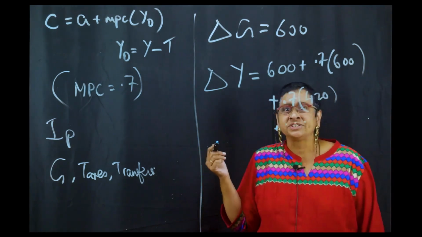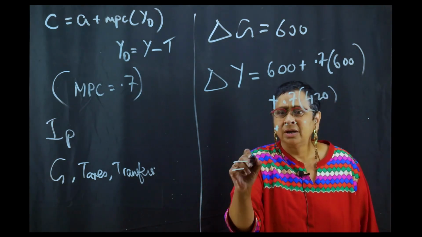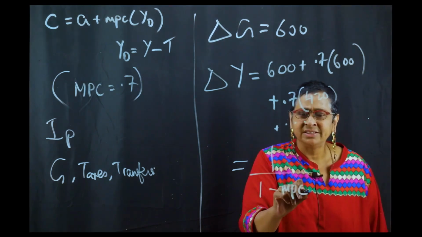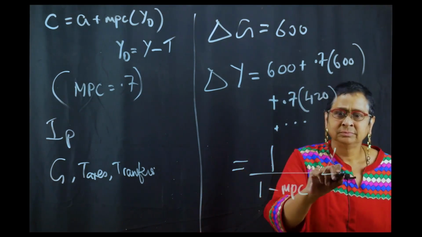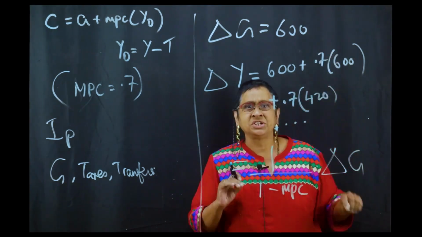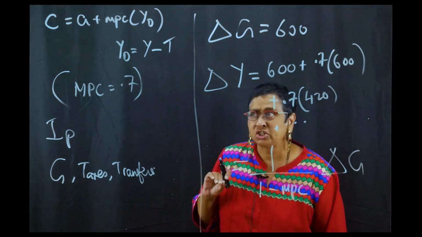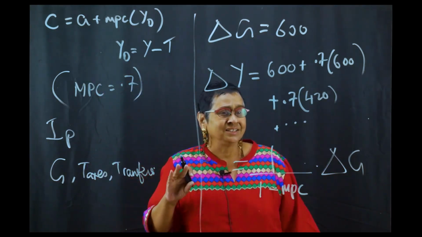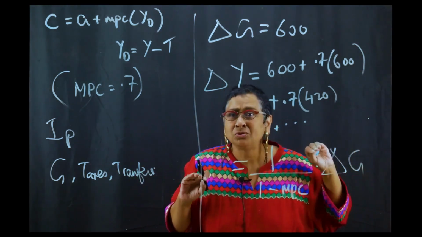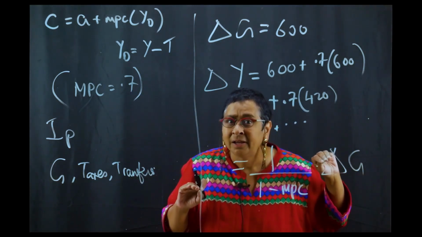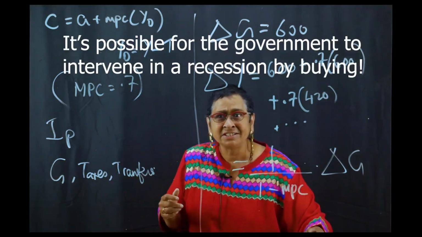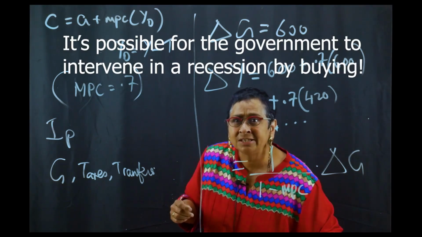And the end result is going to be 1 over 1 minus MPC, we've seen this one before, times the initial change. So a 600 change in my government expenditure had a result of increasing my income by 2,000.